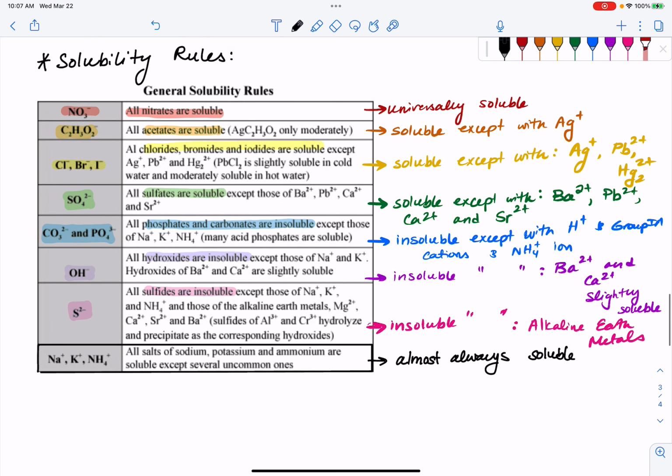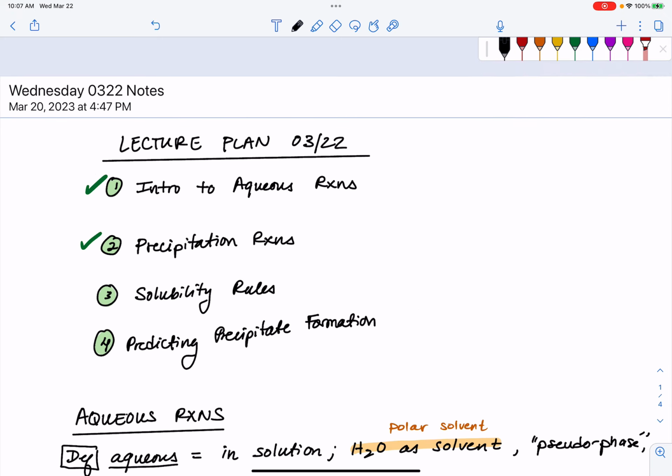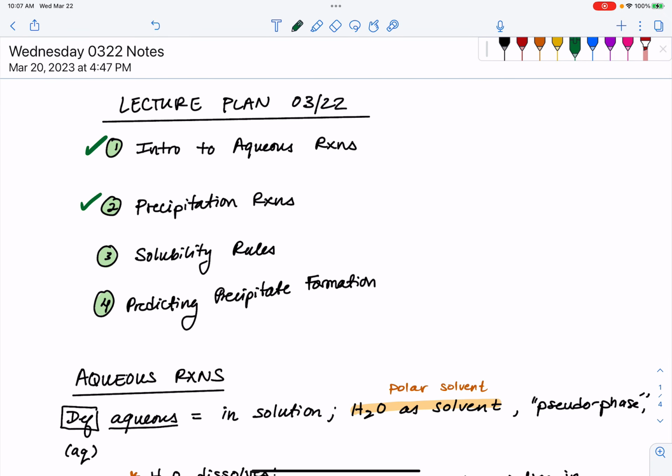So the solubility rules will be provided for you on any kind of assessment. You will need to reference them quite a bit when you're doing your upcoming homework assignments and also when you're looking at your post-lab for the 9-solution problem. And we are going to use these solubility rules to practice in our next video predicting whether or not a precipitate will form as a result of the mixing of 2 solutions of ions.